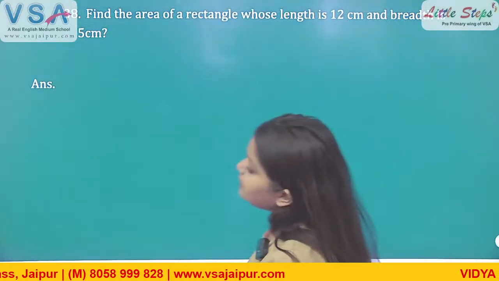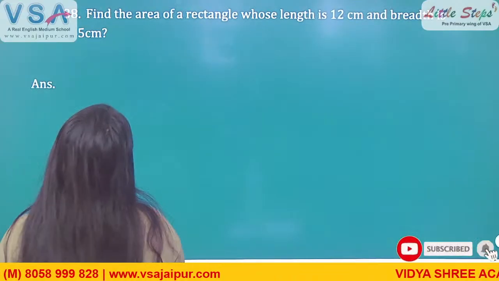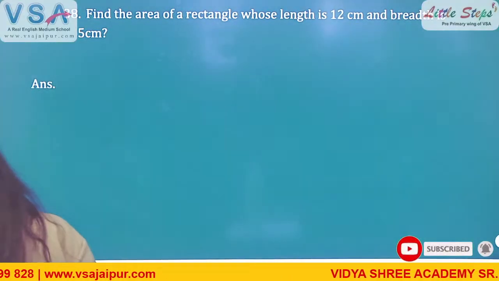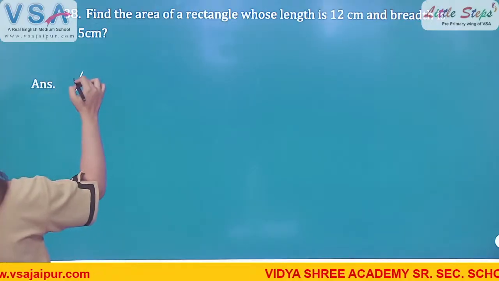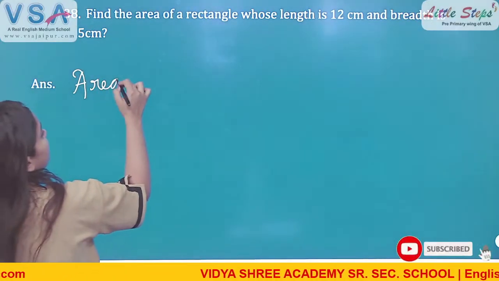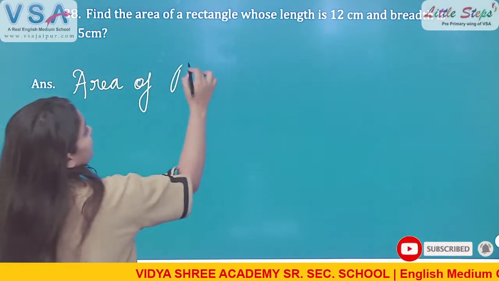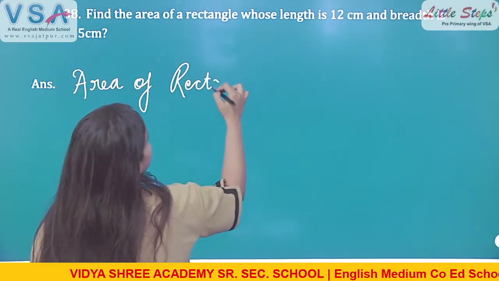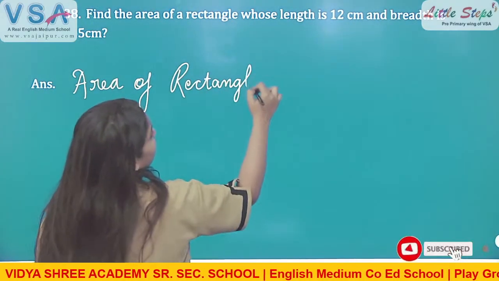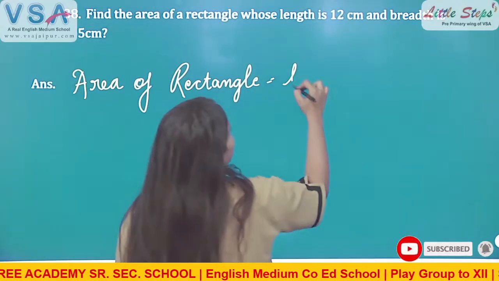38th question. Find the area of a rectangle whose length is 12 centimeter and breadth is 5 centimeter. So the formula of area of rectangle is equal to length into breadth.